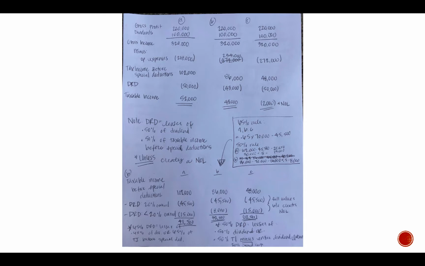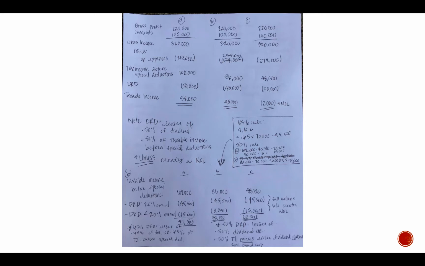In Part C, our taxable income before special deductions is $48,000. So first we're going to apply the 20% owned dividends received deduction. And our normal limits are 65% of the dividends received or 65% of taxable income before the special deduction.